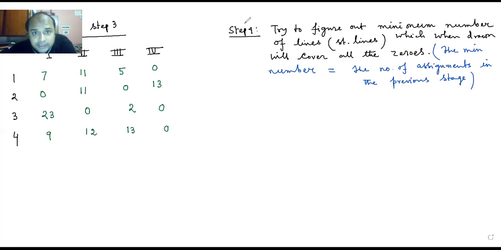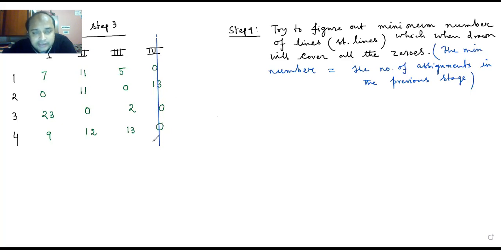So I'm going to do it here. I have already figured out the horizontal lines and vertical lines. First of all, I'm going to draw the vertical line which will cover all the zeros. Like this, you draw a line which will cover all the zeros. This is the first line.